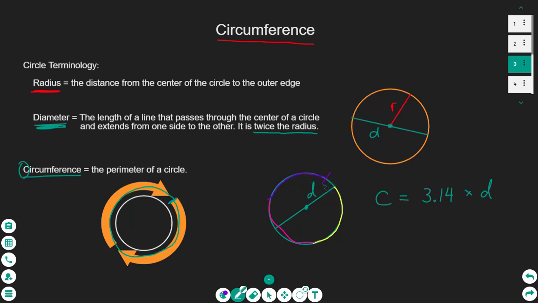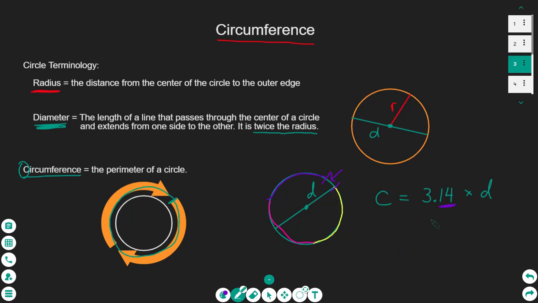And then they still had a little bit left over right here. So they had 3 diameters and a little bit extra that you could wrap around the circle. That little bit extra is the 0.14. Okay? So knowing the diameter, you could determine the circumference. It's always approximately 3.14 diameters.